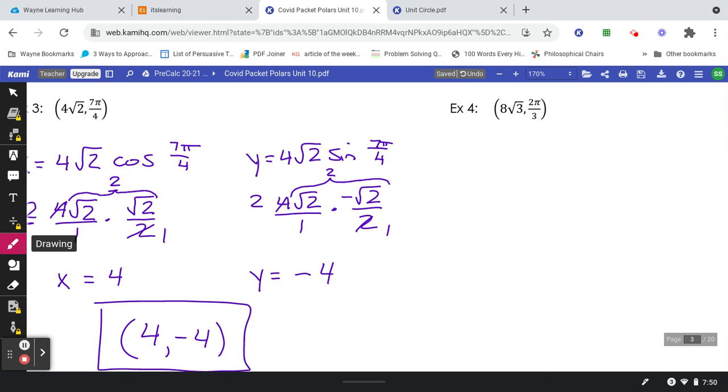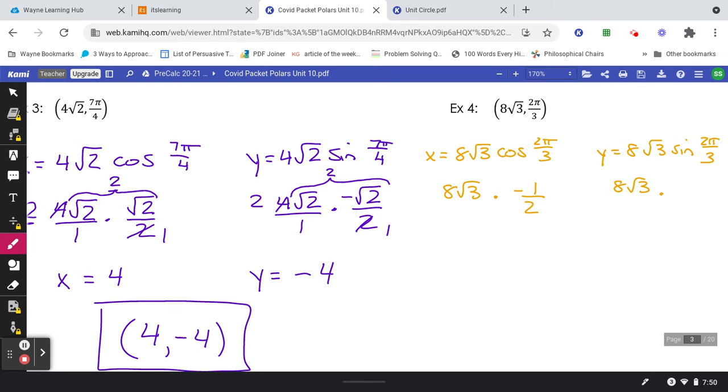All right, hopefully you got a chance to try example number 4. Here's what we should have. 8 square root of 3 times negative 1/2. And 8 square root of 3 times square root of 3 over 2. I'll put those under 1. I'll cross cancel the 2 and the 8, dividing each of those by 2.